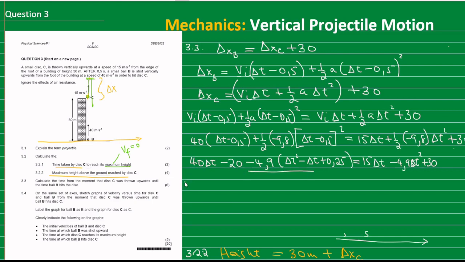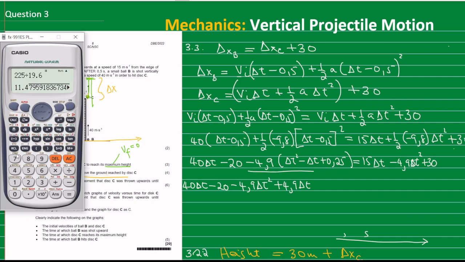So we will have 40 delta t minus 20, this in there, that is negative 4.9 delta t squared in there, that will give us a positive 4.9 delta t, this multiplied by that one, let's work it out, 4.9 by 0.25.